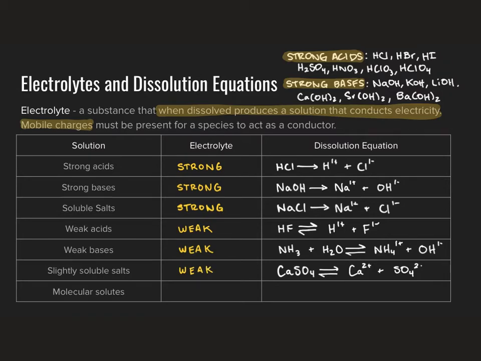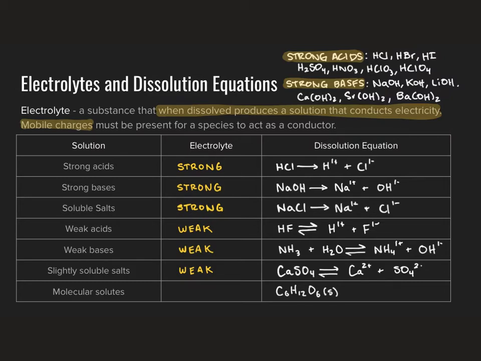Last example right here is a molecular solute. And again, a molecular solute involves covalently bonded particles to one another. And for those molecular solutes, I think a really great example would be something like glucose. Glucose has the chemical formula C6H12O6. And to write a dissolution equation here, note I said dissolution, not dissociation equation, since this is not separating into ions.